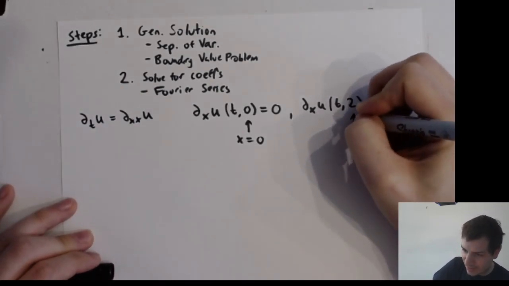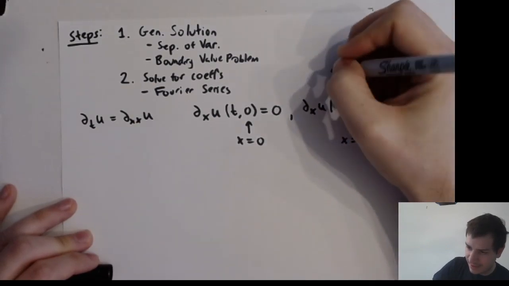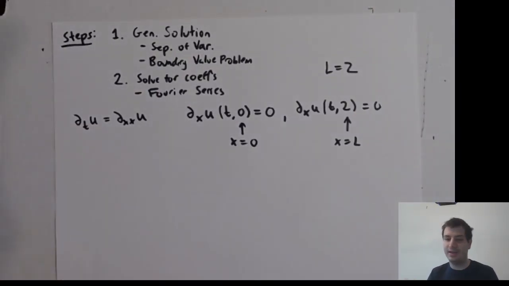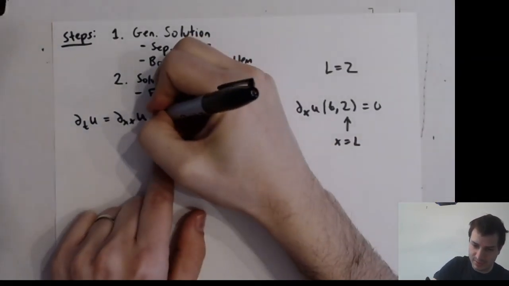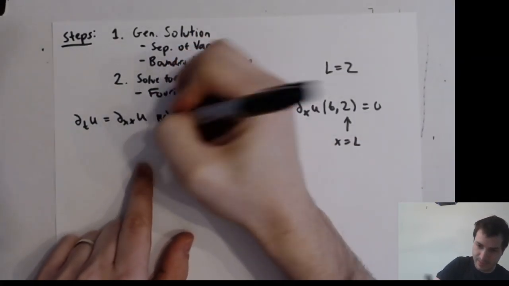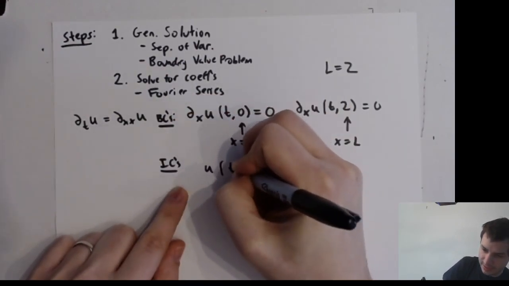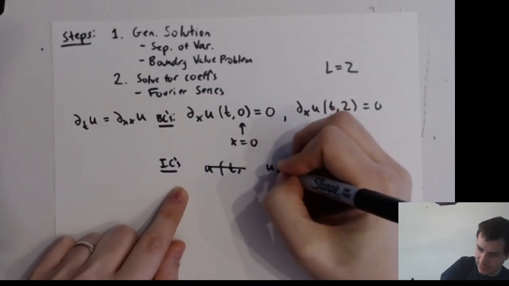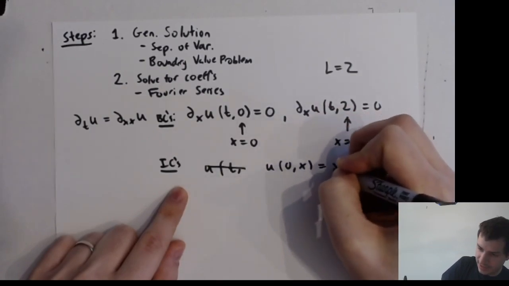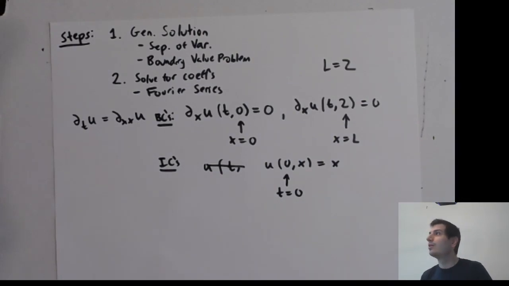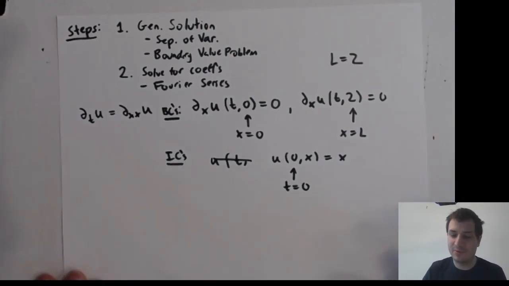Partial x of u at x equals L equals 0. I'm going to make L equals 2, so I can do everything in terms of L. These are the boundary conditions, BCs. There's an initial condition: u of 0, x equals x. So this is at t equals 0. Okay, that's the problem we got to do.